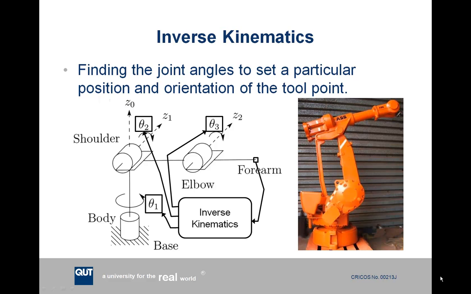The inverse kinematics are essentially the complete opposite of the forward kinematics, and these are much more relevant to most of the real-world applications and tasks that you'll find robots doing. Simply put, inverse kinematics are about finding what particular angles you should set for all your robot joints in order for the tool point at the end of your robot arm to be in a certain position and a certain orientation.